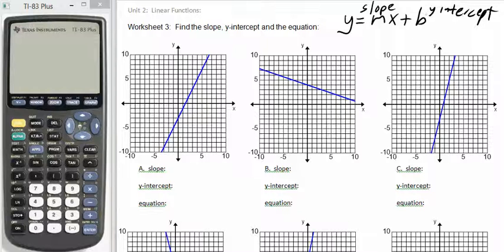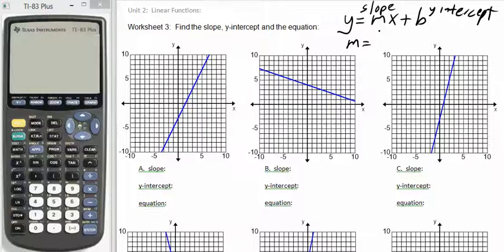So what we normally are going to do, we need to find these two values, and then we can write the equation. And remember also that slope, or m, equals change in y over change in x.